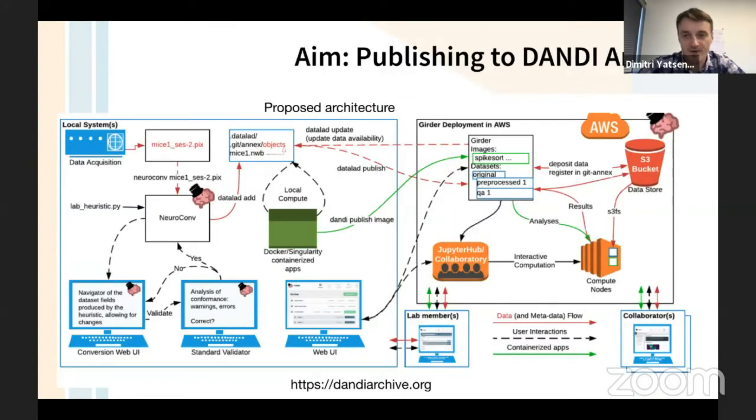So another effort, and this is taken from dandyarchive.org. Dandy Archive is an NIH-sponsored distributed archiving system for what they call Dandy sets. Some of them, or most of them right now, are based on the NWB format. But also the intention there, this is their proposed architecture, is to enable interactive collaborative work online with these data sets.